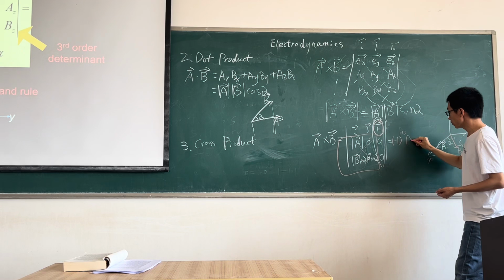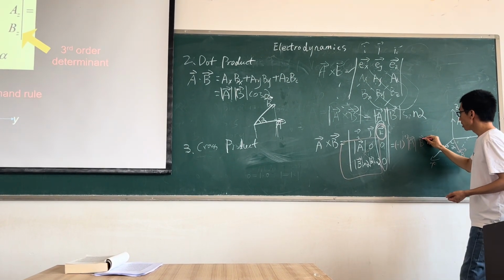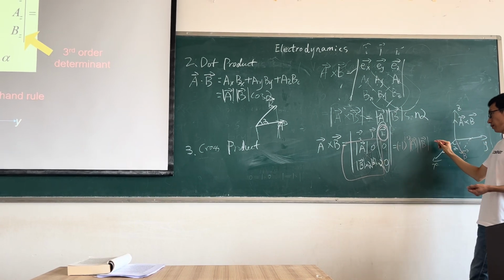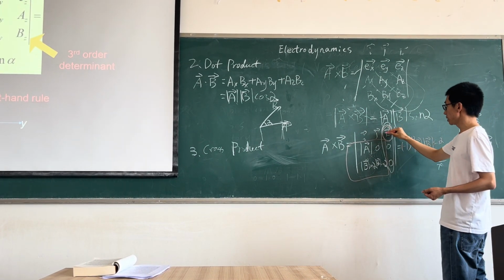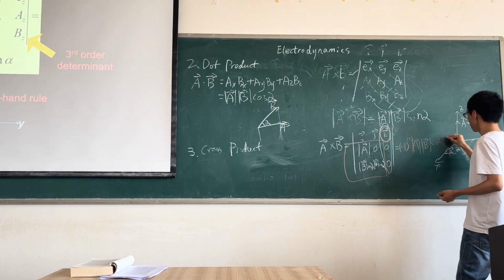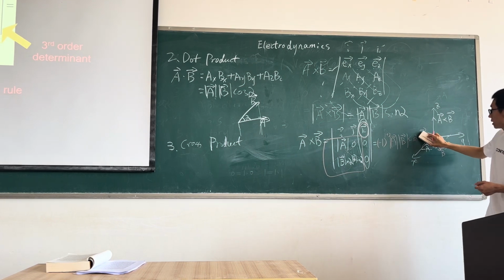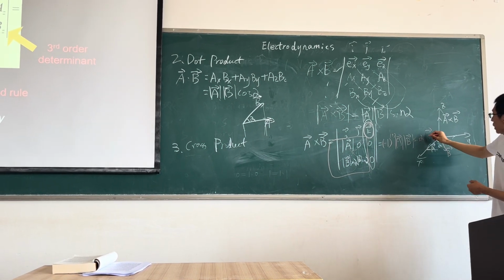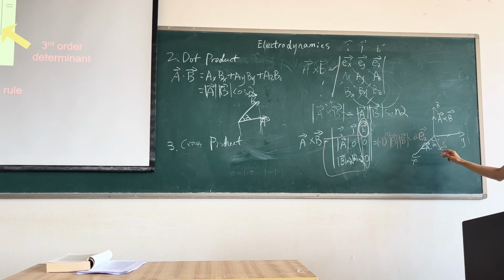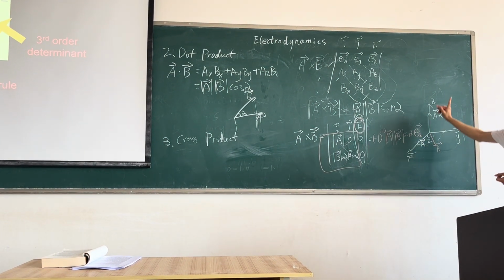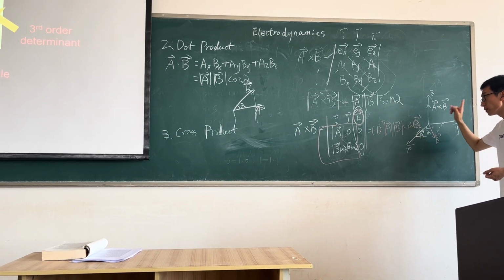This is equal to A's length, B's length, sine alpha. Don't forget to multiply by k, or instead of k we can write ez, the unit vector in the direction of z.